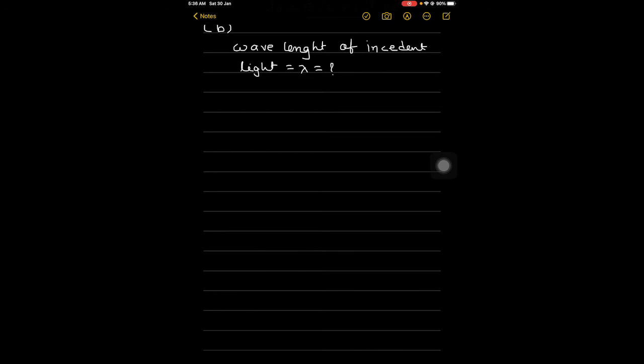Therefore Einstein's photoelectric equation we can write as eV0 is equal to hf minus phi 0. Therefore hf is equal to eV0 plus phi 0. They have provided us the value of V0, that is 0.60 volt.